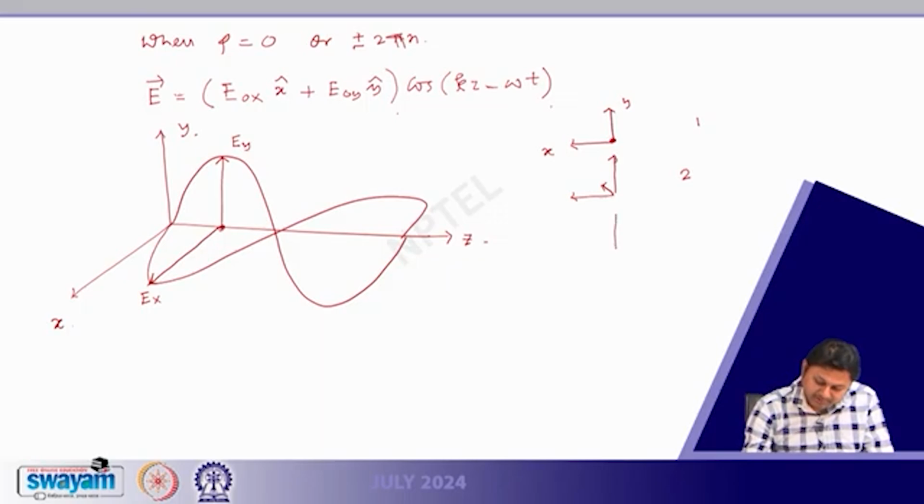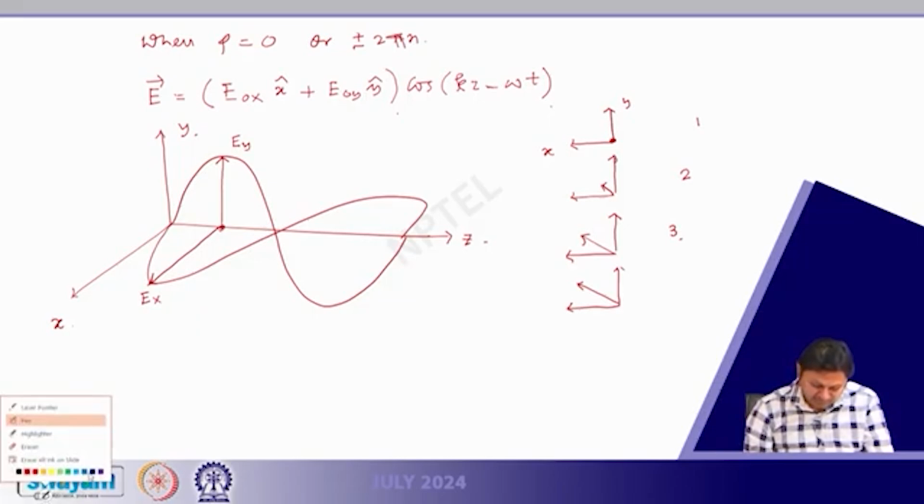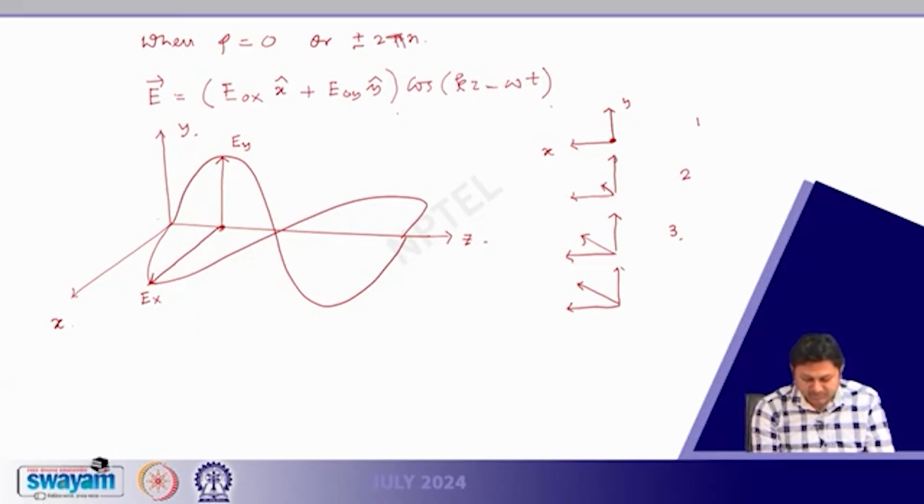Then in figure 3 it increases more, then it increases to a maxima. That is precisely this point where we have E max, and the resultant E will be along this direction.